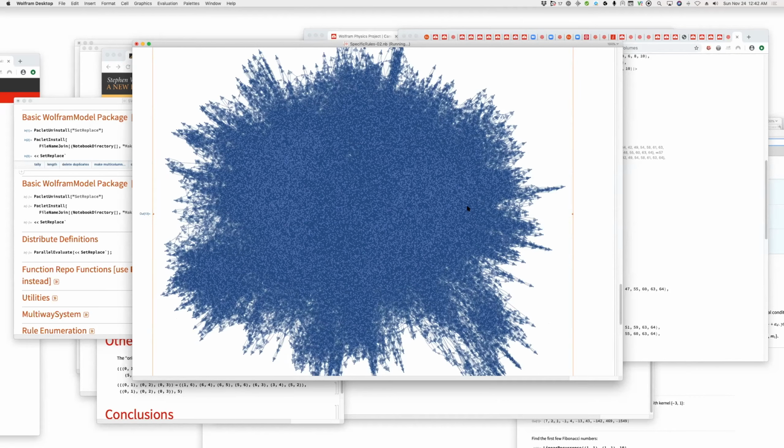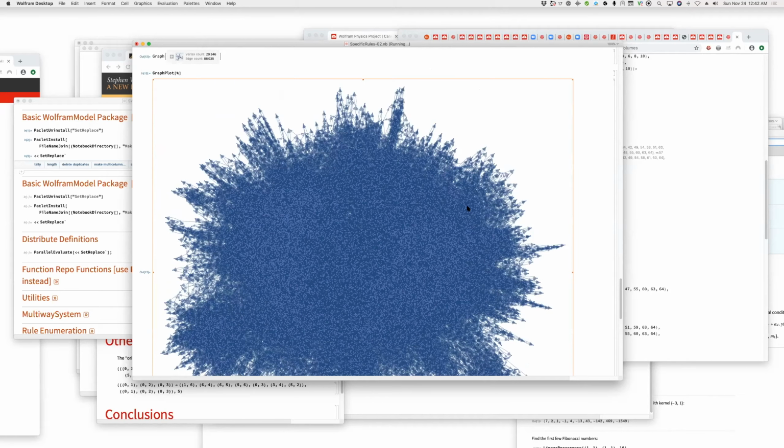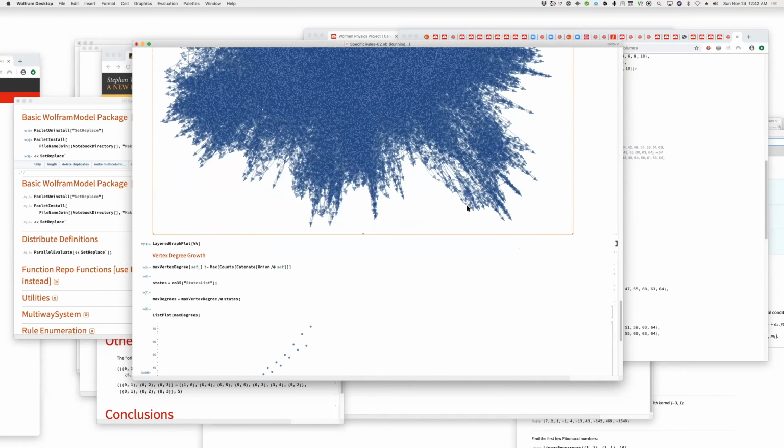What the hell is that? Well, how do you expect a 4-dimensional graph to look?